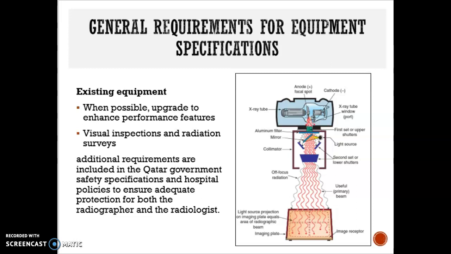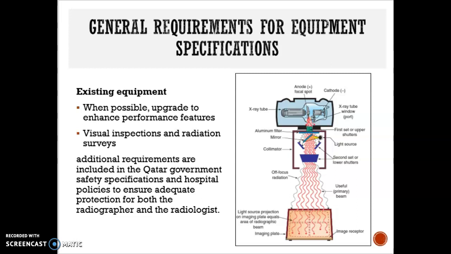The owner of the facility or a delegate, such as the radiation safety officer, must contact the appropriate regulatory authority for annual inspections of the facility and the equipment to ensure compliance with the applicable government regulations and laws. Now, during the time of the inspection, any deficiencies can be identified and remedied.